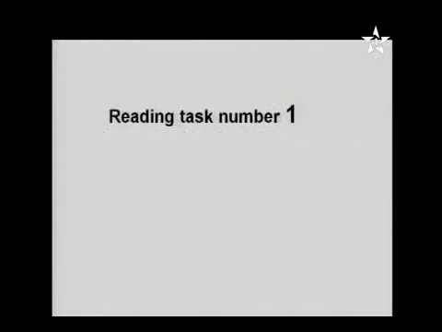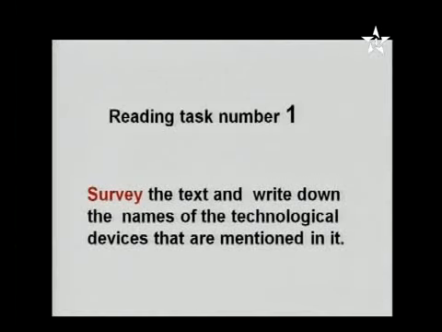For the moment, we're going to focus on the first reading task, reading task number 1. It says, survey the text and write down the names of the technological devices that are mentioned in it. Now we're going to look over the text in a general way, meaning survey the text, and the task is to name the devices that are mentioned in this text.